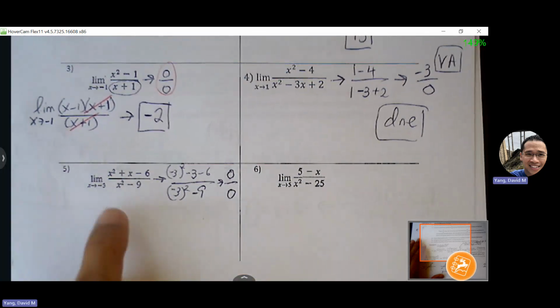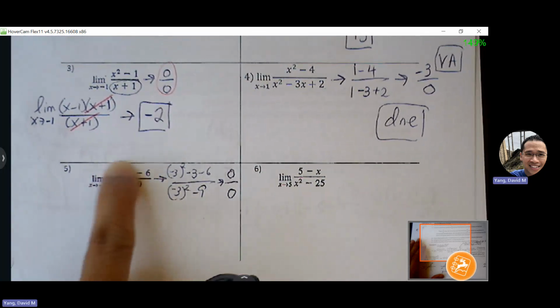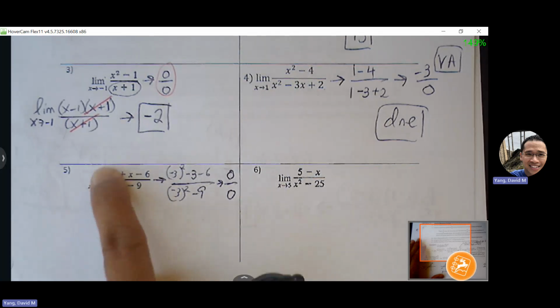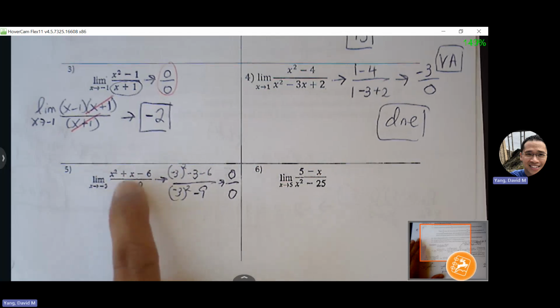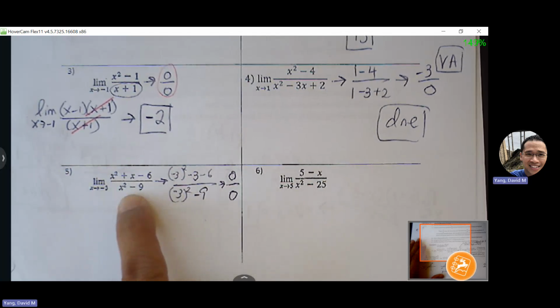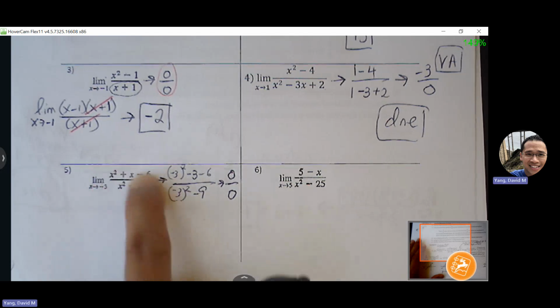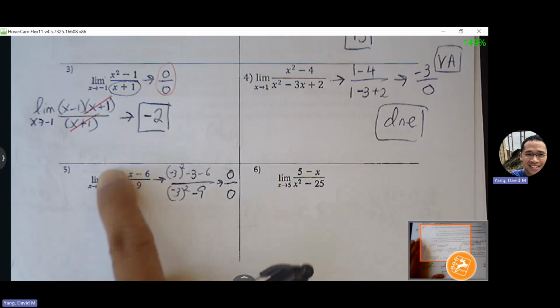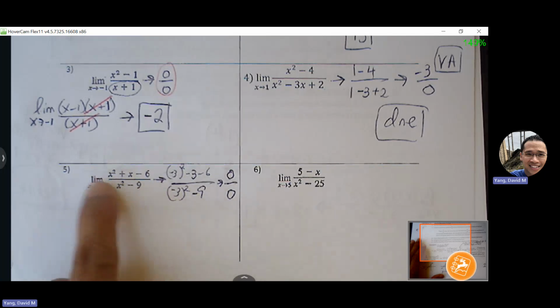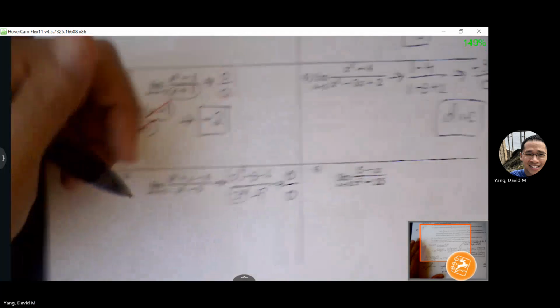There's a hole. We keep going. We know that there's something that's blocking our ability to find our limits, but we know the limit exists. And both sides require factoring. So we're going to factor both numerator and denominator. Because there's more work to do, we know that there's going to be x's that we still have to rewrite, which means we're going to hold on to our limit notation. We're going to rewrite our limit notation.